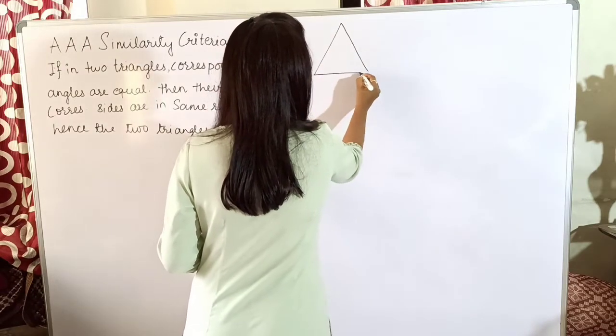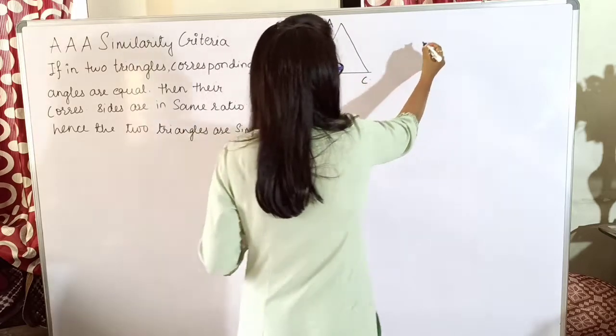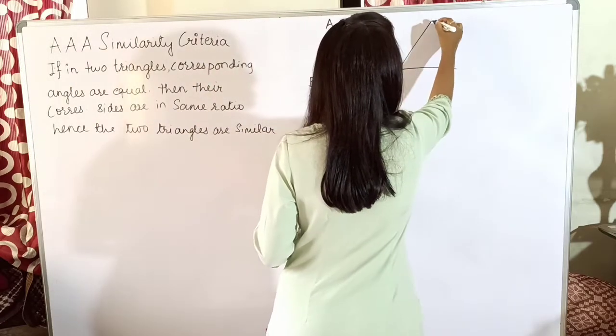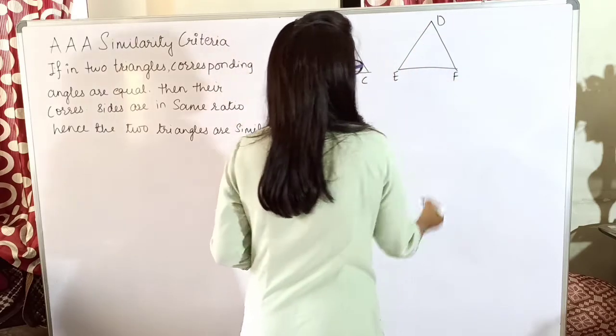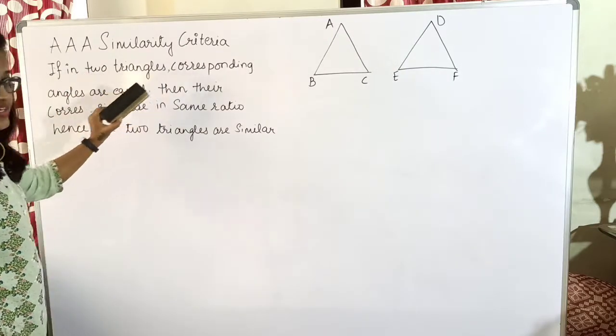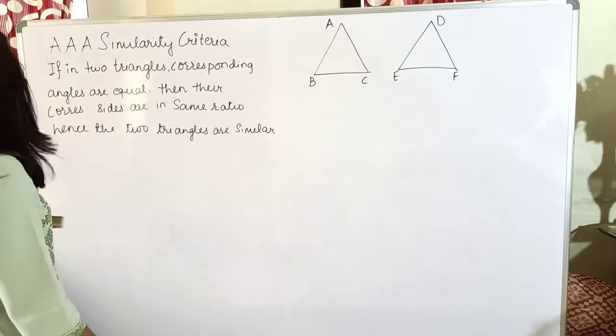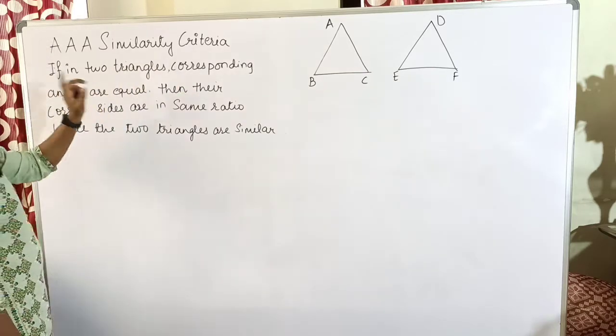Now let us take two triangles, ABC and triangle DEF. Whatever is given, let us write it, and whatever we have to prove, we have to write that also. In two triangles, corresponding angles are equal.